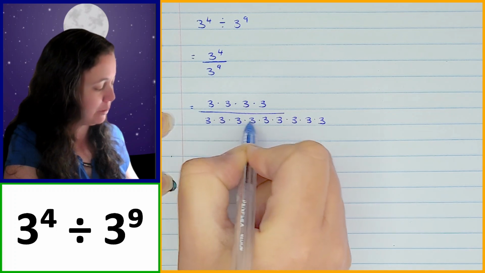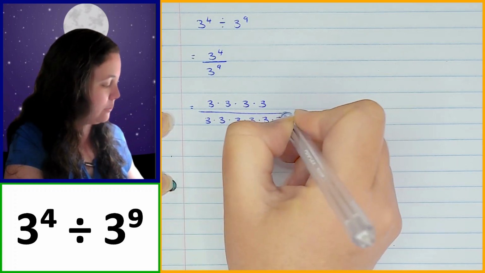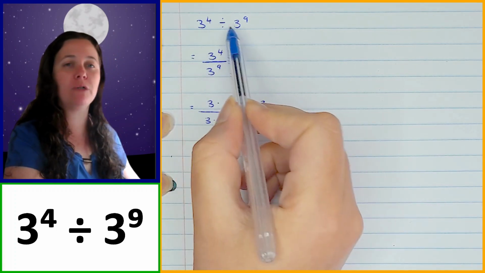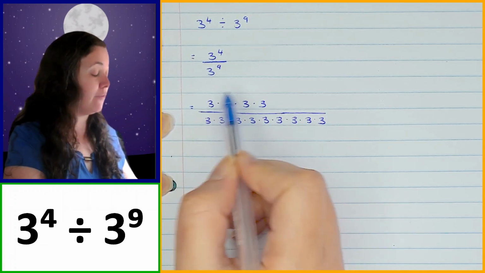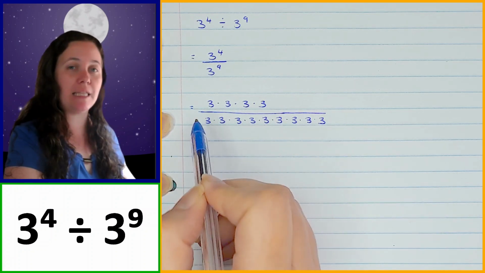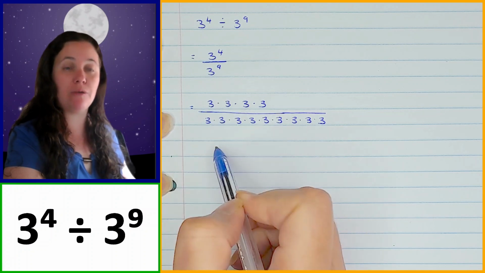So that's 1, 2, 3, 4, 5, 6, 7, 8, 9 3's at the bottom and 4 at the top. So 3 to the power of 4 divided by 3 to the power of 9 means 4 3's multiplied together at the top divided by 9 3's multiplied together at the bottom of the fraction, and we're dividing them.